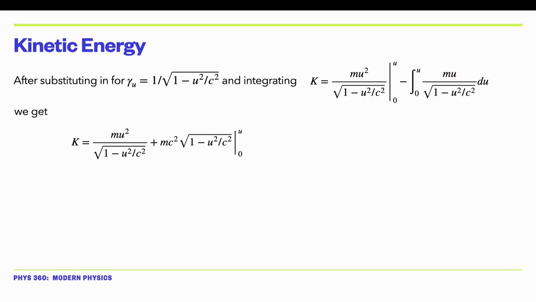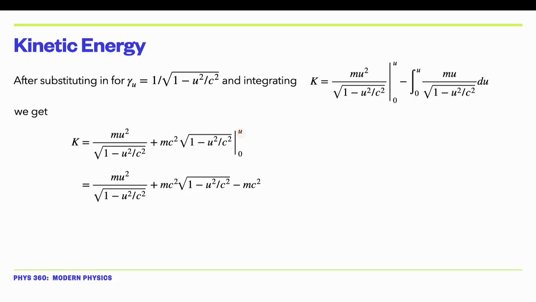So if you let a dummy variable w equal 1 minus u squared over c squared, then the derivative of that would be minus 2u over c squared. Anyway, you do a substitution, and it's pretty straightforward to get this result. Again, you evaluate that from 0 to u.